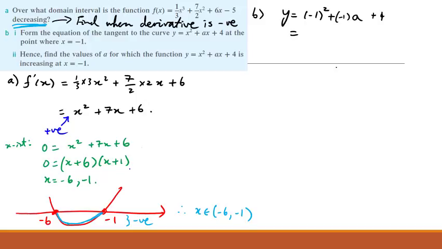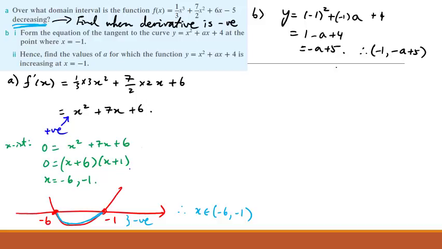The reason for that is if you put it into a calculator, it will actually treat it as a function if you put it the other way, so just be careful of that. So there you go, y equals -a plus 5. So therefore our point is -1, -a plus 5, or if you like, 5 minus a.